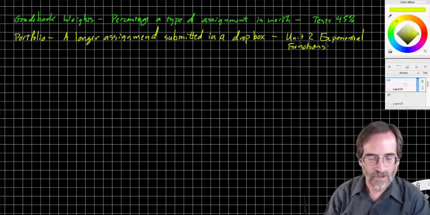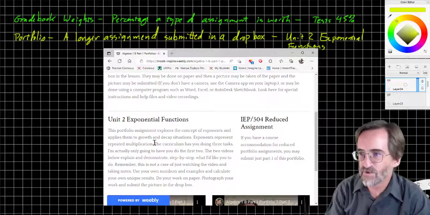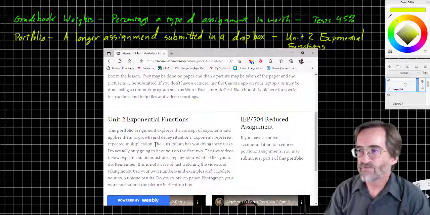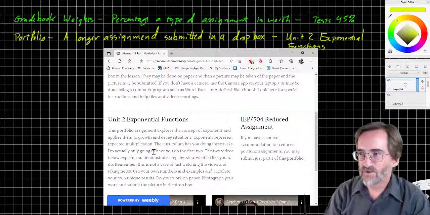This portfolio assignment explores the concept of exponents and applies them to growth and decay situations. Exponents represent repeated multiplication. The curriculum has you doing 3 tasks.